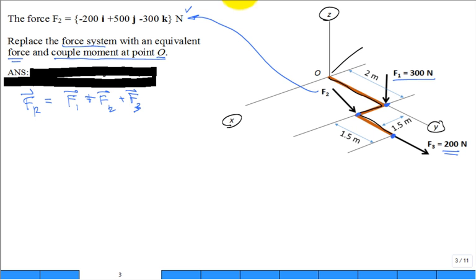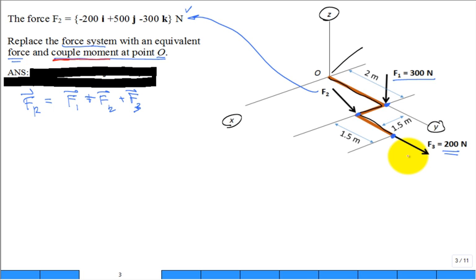What's really new to this problem is replacing that force system with an equivalent couple moment at point O, meaning that these 3 forces may make the system want to rotate around point O. If you put that resultant force at point O, then it wouldn't want to rotate about point O because the resultant force is applied at point O.